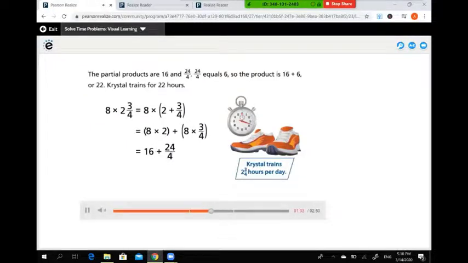The partial products are 16 and 24/4. 24/4 equals 6. Then 16 plus 6 equals 22. Crystal trains for 22 hours.